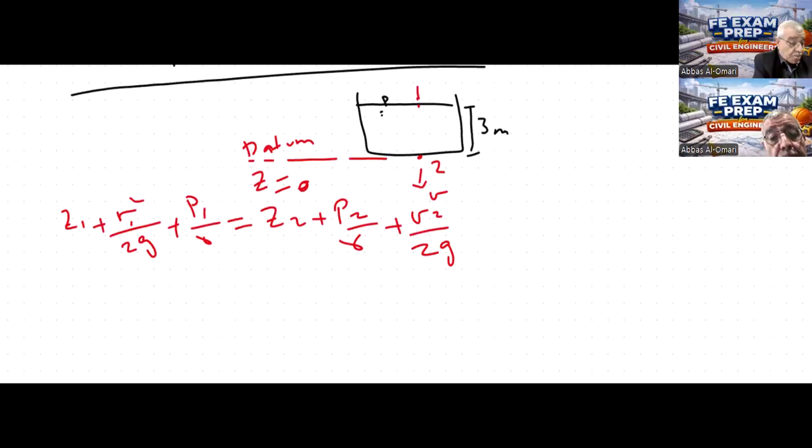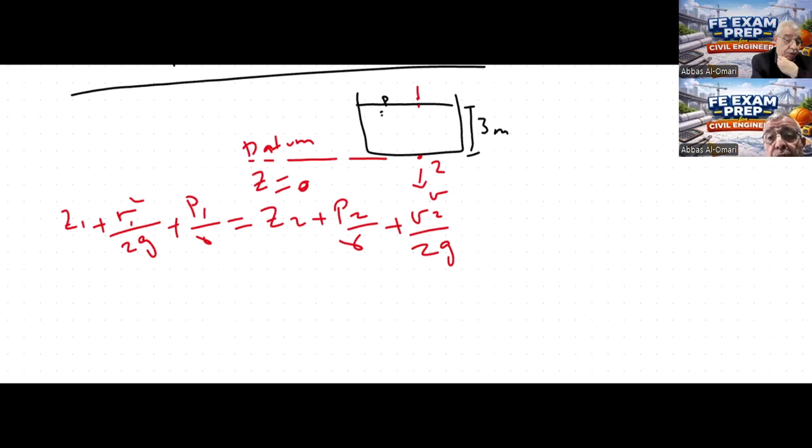Now Z1 is 3. Let's first cancel the zeros. Here Z2 is 0.